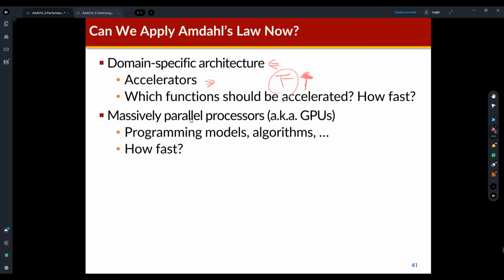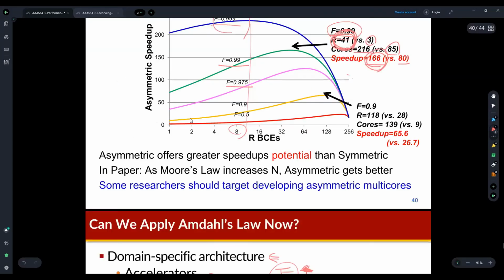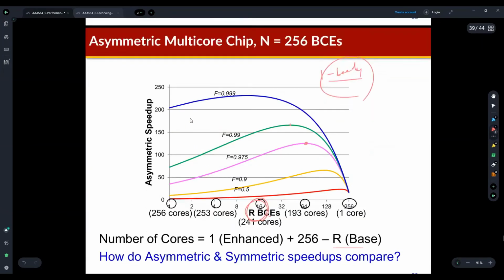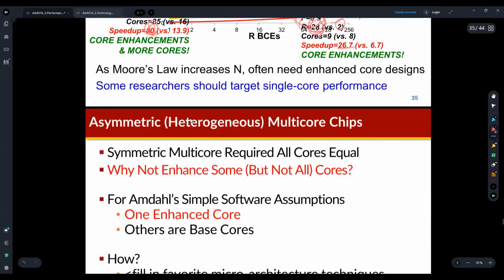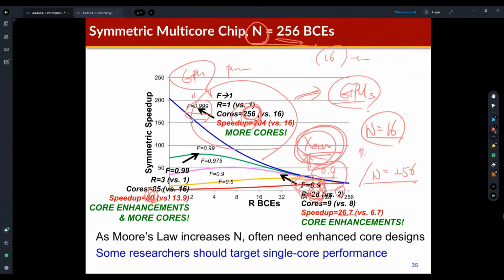So if F increases, then we can apply different configurations. If we just apply the symmetric multi-core architecture, and F becomes 1, so F is very high, then GPU is good.